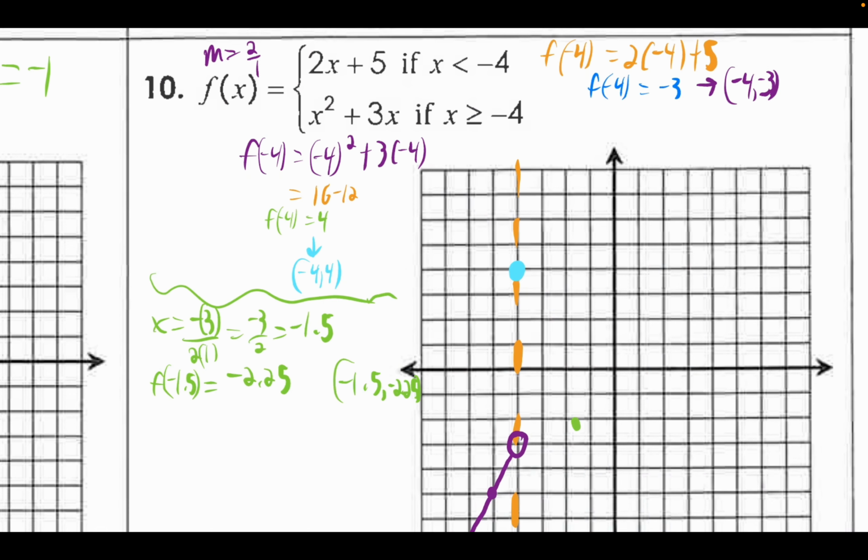I'm going to do this in the same light blue I was using. Now I know that it's going to connect to here somehow, and it's going to go this way as well to mirror. I notice that this is 2.5 away for the x value, so 2.5 this way will have the same y value. 2.5 in that direction would be positive 1, so I'm going to have positive 1, 4 as well.